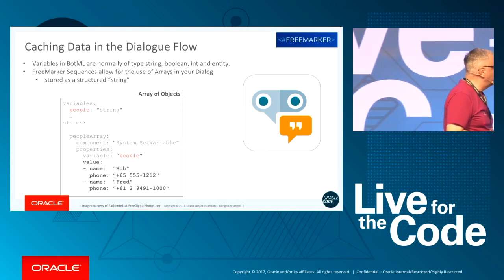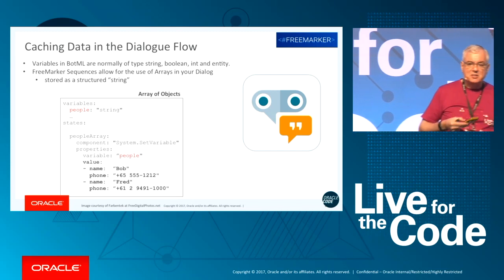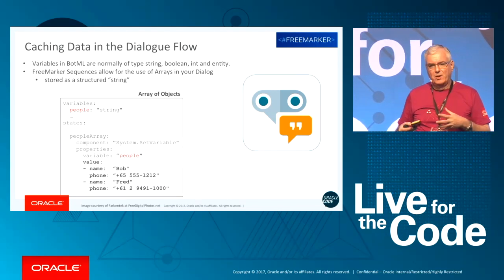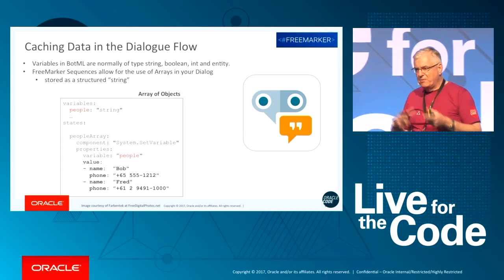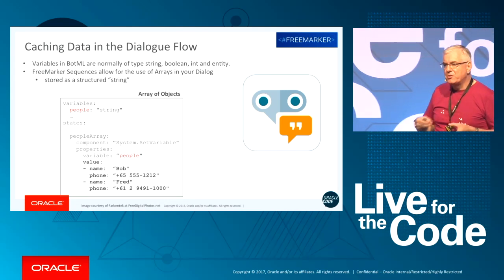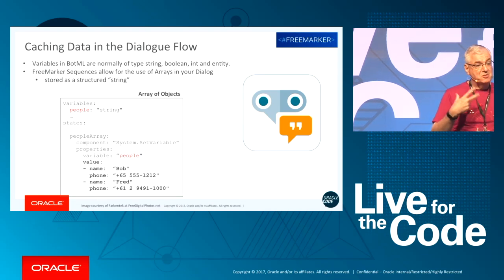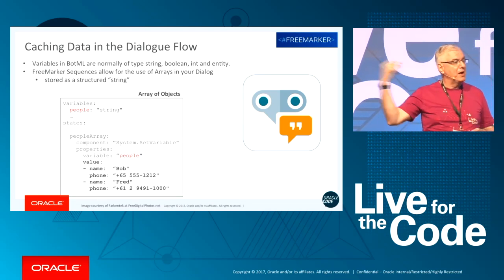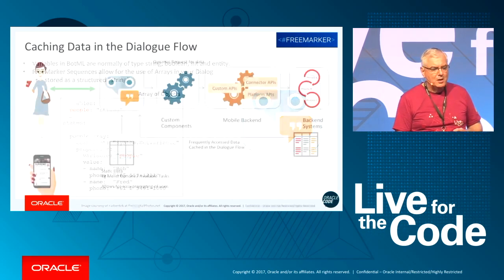And what we can do is effectively use an array inside the conversation flow. So that allows me to effectively cache information inside the conversation, and anytime I need that information, it's already there. I've already answered the question because it's available in the conversation. I don't have to keep on going back to my ERP to get it.